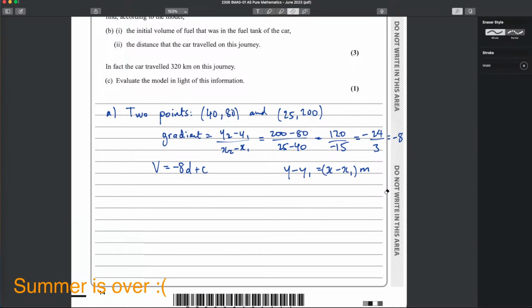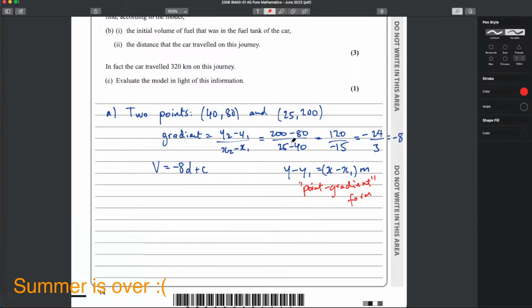Point. Yeah, that's right. So this is what's called the point gradient form. Oh, that's one of the names for it. And it's a bit quicker to use this equation if you're looking for all the information we are at the moment.